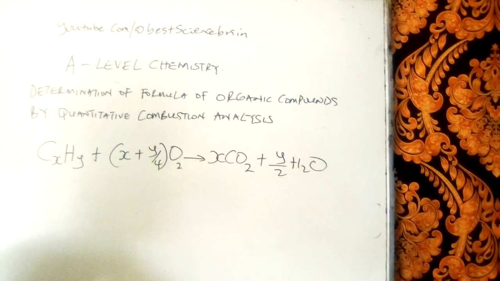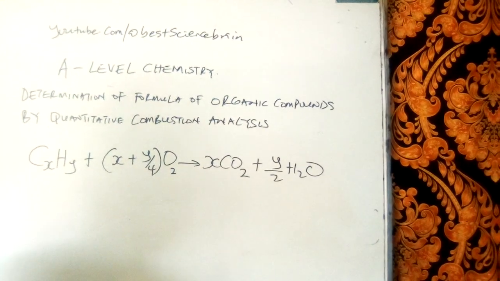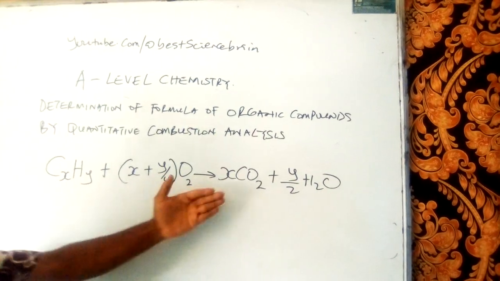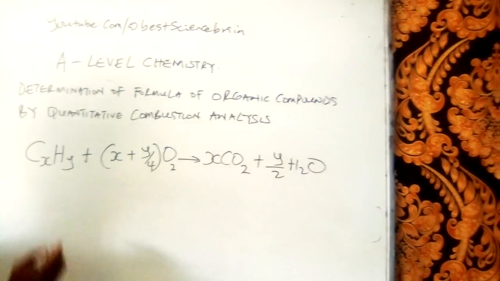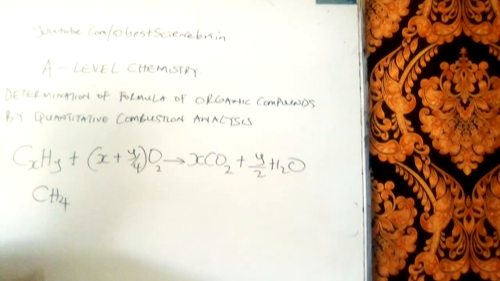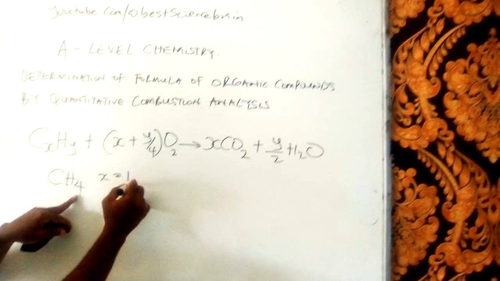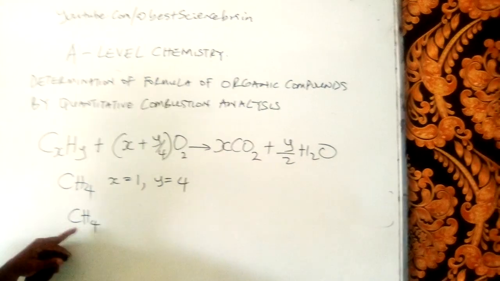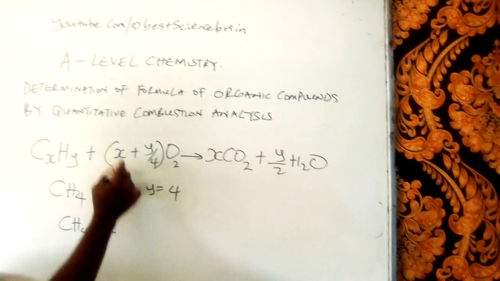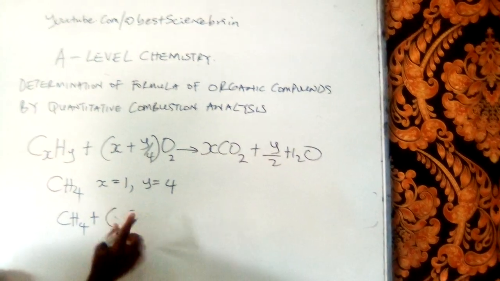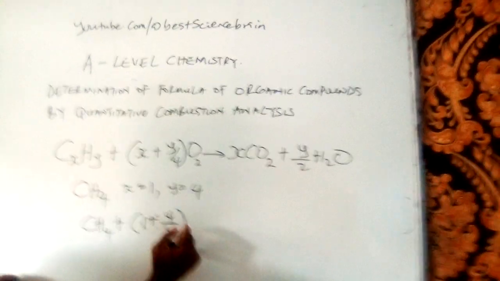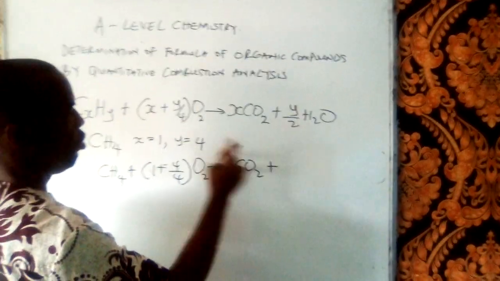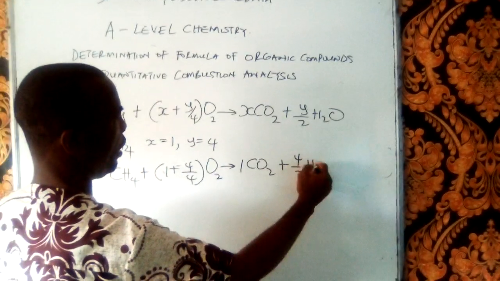To balance the combustion equation of any hydrocarbon, be it an alkane, an alkene, an alkyne or aromatic, you can use this general formula. For instance, if I use methane, CH4, in methane, x is 1, whereas y is 4. Inputting the values: CH4 plus (1 plus 4 over 4) O2, giving us 1 CO2, plus 4 over 2 H2O.